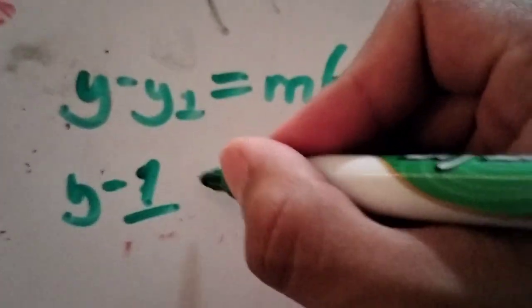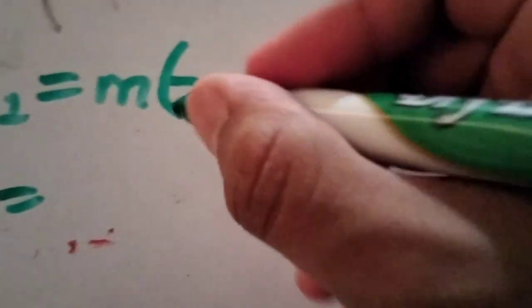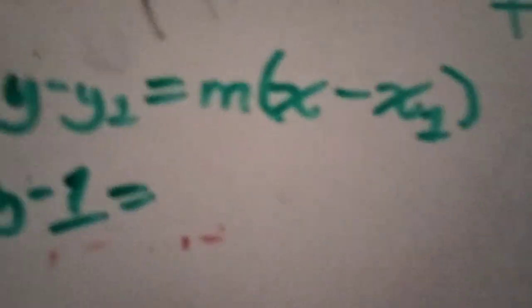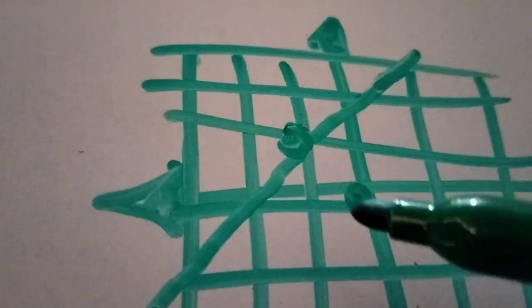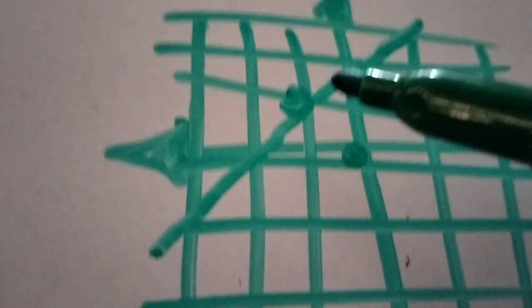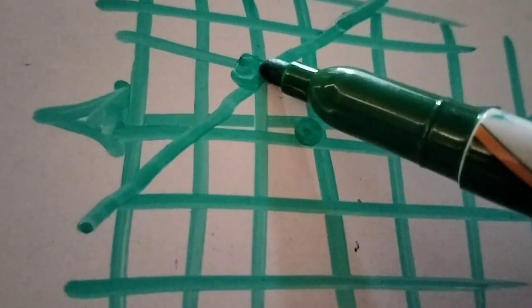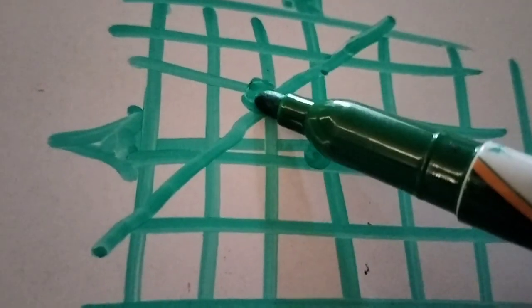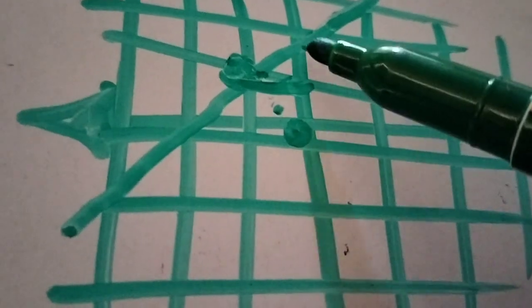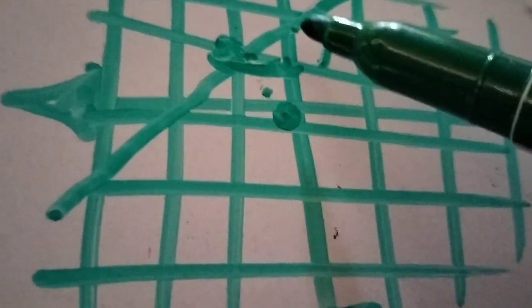So this would be, for this line right here, the slope, it would be equals m. Let's see the slope of this line. If you know the slope, this looks like it goes forward 1 and goes up 1.